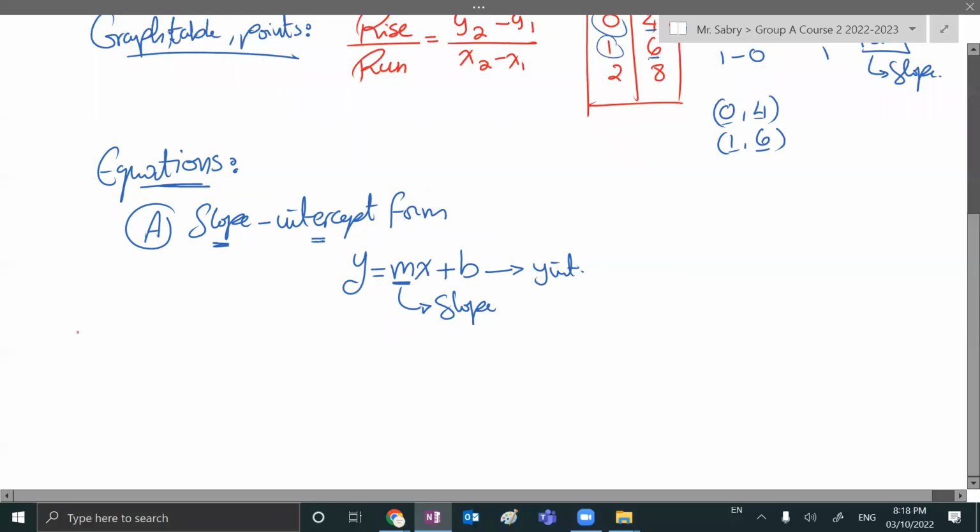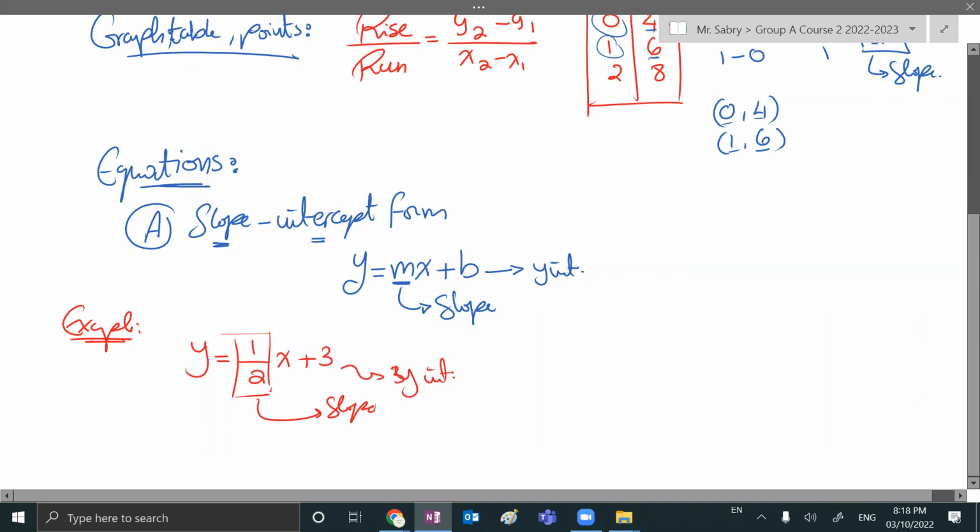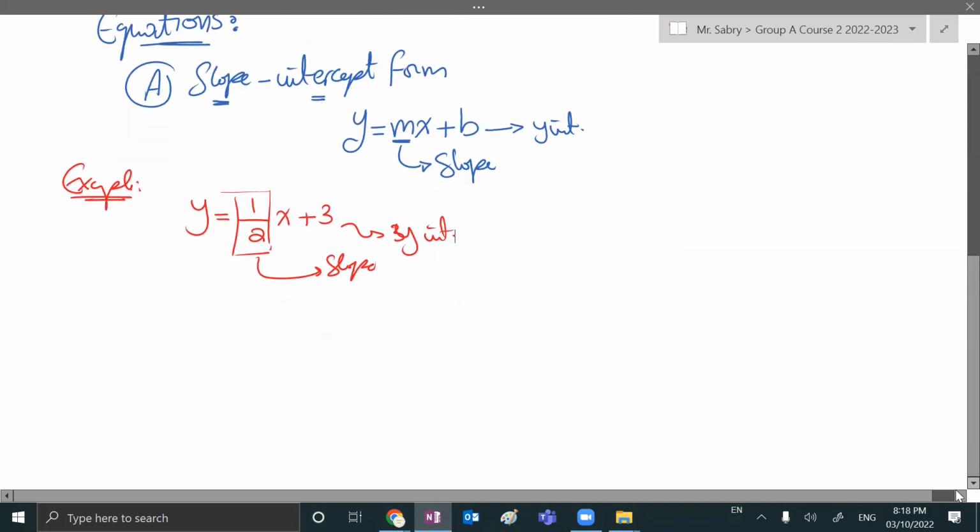What kind of questions could show? Whenever you're given any kind of equation written this way, y equals half x plus 3, you should be able to identify that the slope is half and that the y-intercept is 3. You can sometimes be given the equation with different letters.